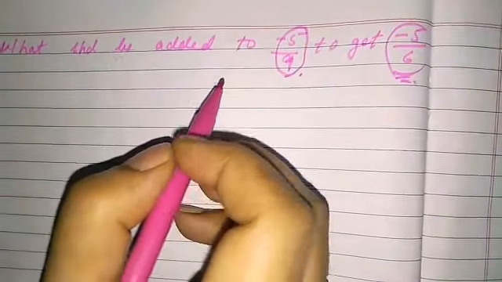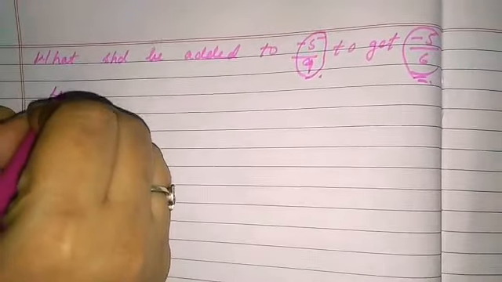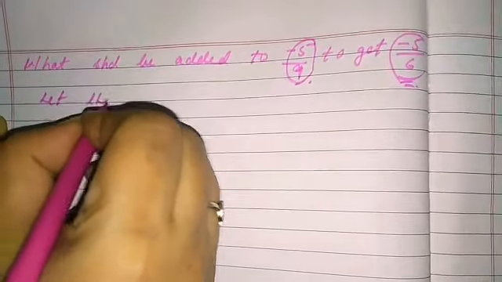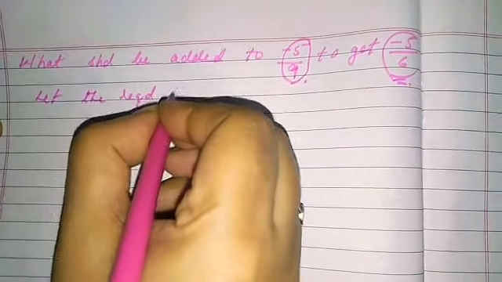The question says that we need to add something to this number so that we get this as the answer. So here we have to find the rational number x. We will say, let the required rational number be x.